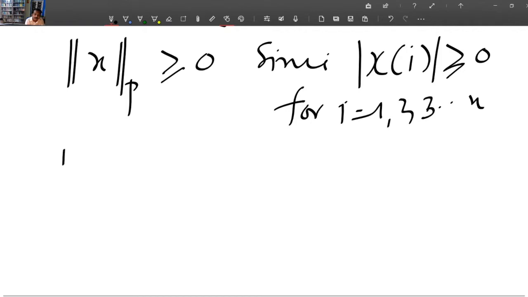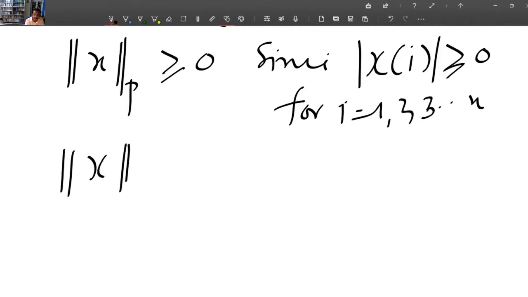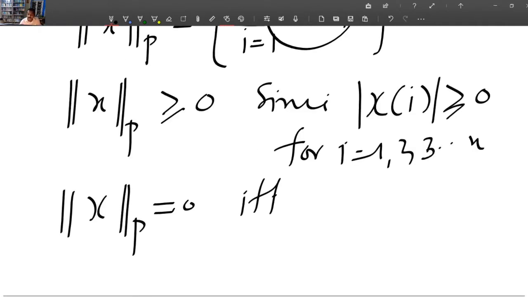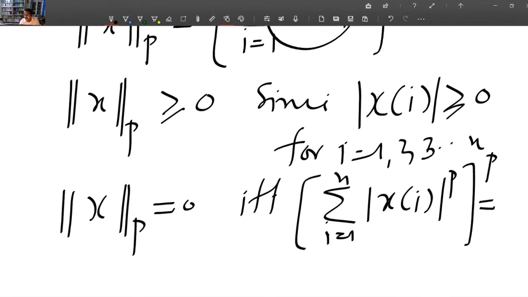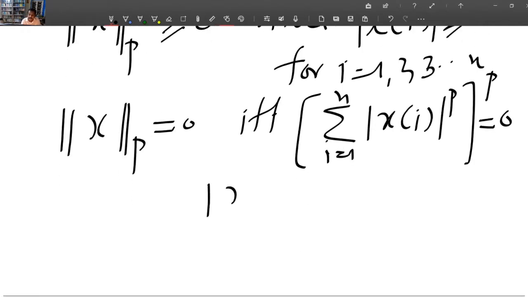And we consider p norm of x equal to 0. You know p norm of x equal to 0 if and only if the sum of modulus of x of i raised to p, the whole raised to 1 by p, is equal to 0, and this is equal to 0 if and only if each term modulus of x of i is equal to 0, because you are summing positive terms.